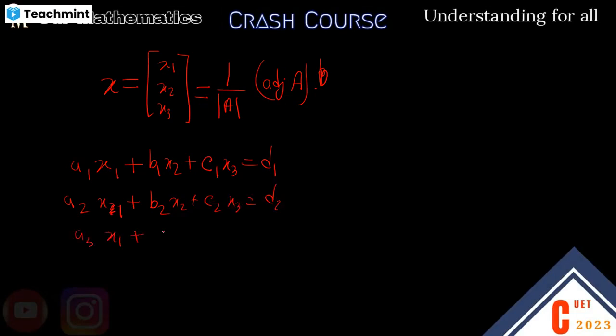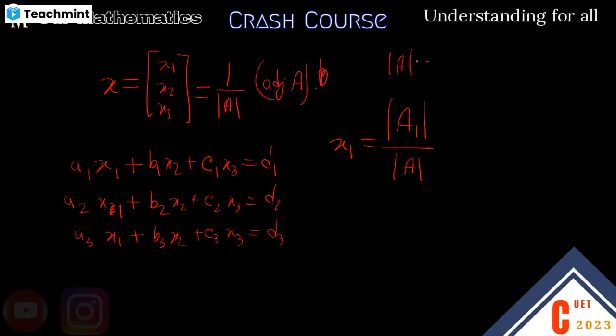A3 x1 plus B3 x2 plus C3 x3 is equal to D3. For this system of equations, if we have to find x1, we'll calculate determinant of A1 divided by determinant of A, where determinant of A is not equal to 0. This means a unique solution exists.